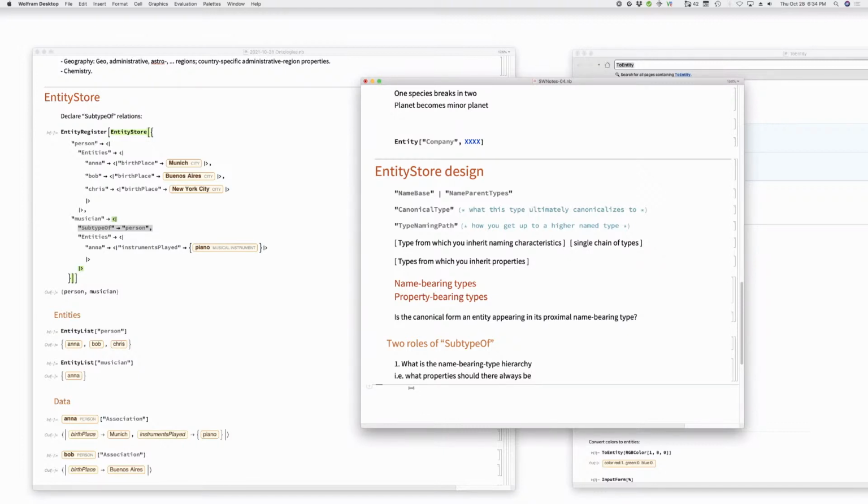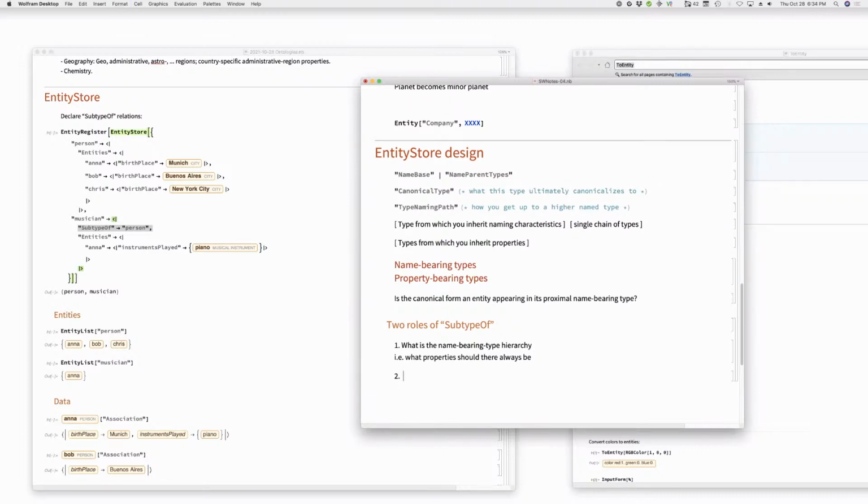And the second thing is namespacing of properties specified for the entities given here, right? That makes sense? Yes. And I could imagine wanting multiple ones of those.